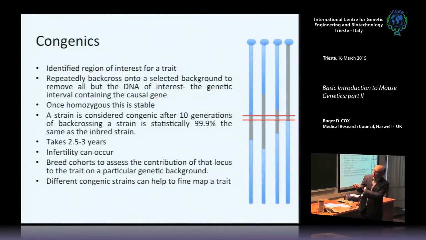If the mouse carrying this chromosome has the trait, and these other mice do, then you would infer that the gene was just here, because this is the only bit of DNA that they have in common if you look across. If this is the chromosome with the mutation on it, this animal has it, this animal has it, this animal, this animal. But then it can't be here, because this one doesn't have it and that one doesn't have it.